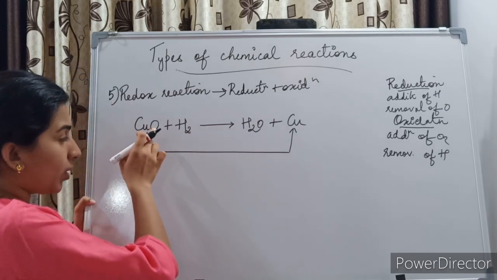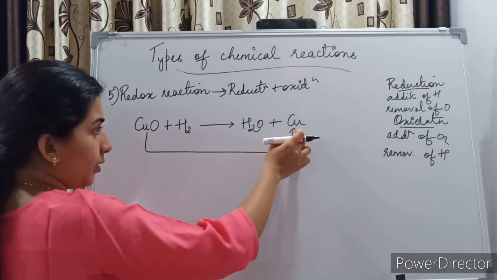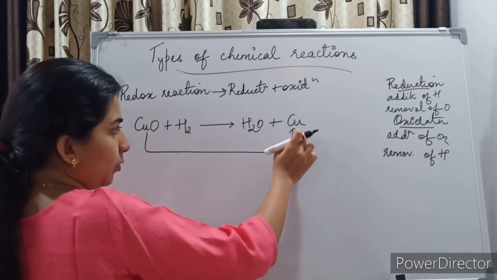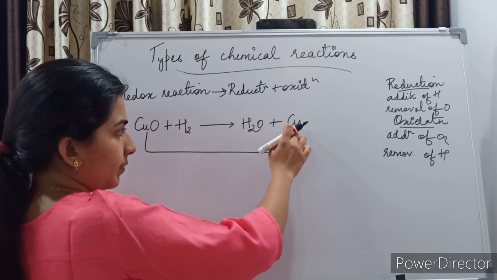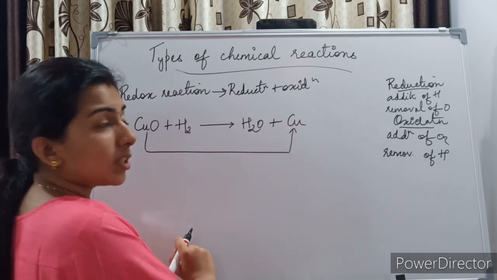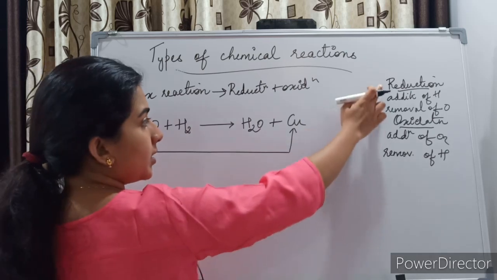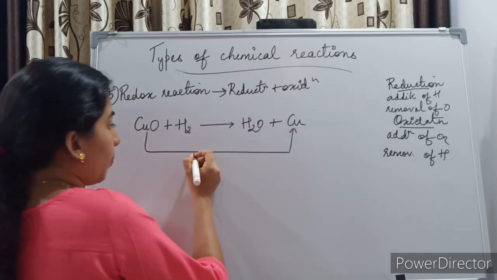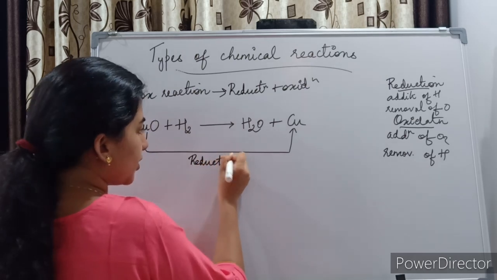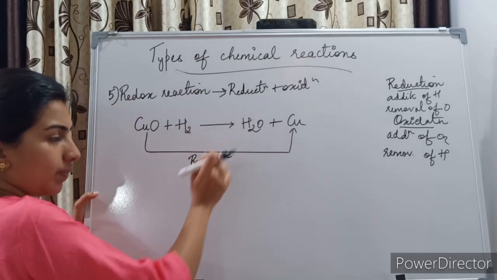So oxygen is getting removed from copper oxide and we are getting only copper. So removal of oxygen takes place. Removal of oxygen is reduction. So copper is being reduced.